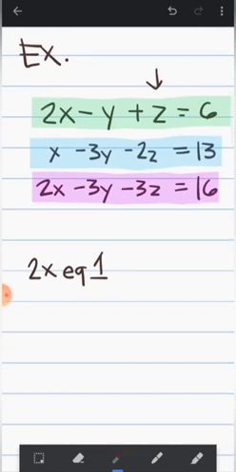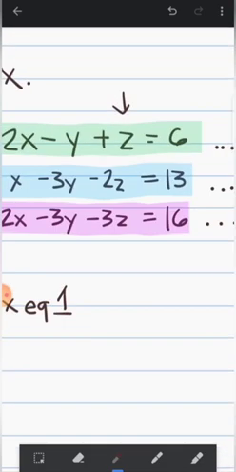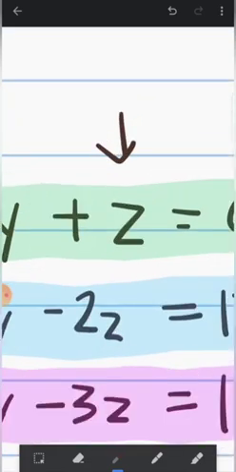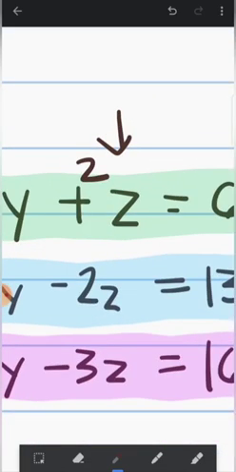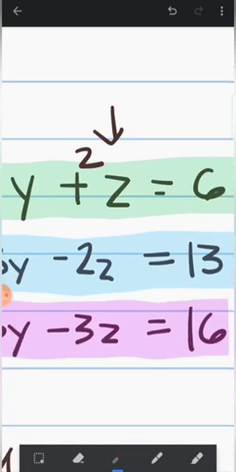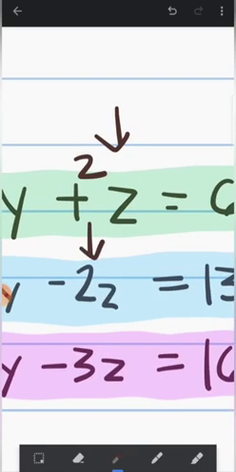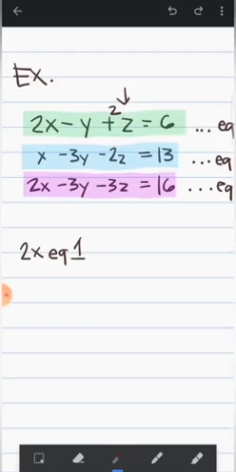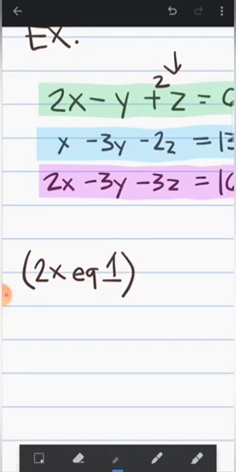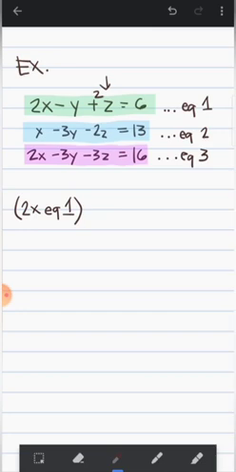Why is that? Because if we multiply equation 1 by 2, our concern is to give z a coefficient of 2 and combine it with negative 2z, so that it would cancel out. So this is what you're going to do. Multiply equation 1 by 2.